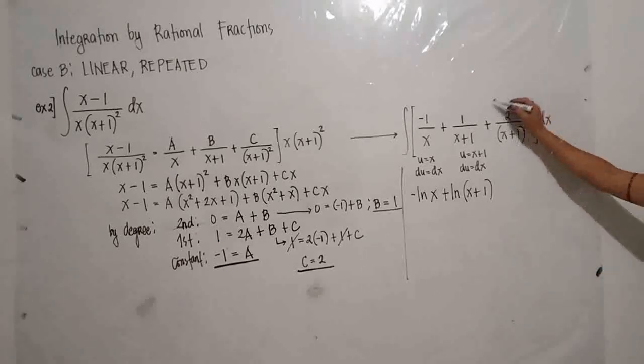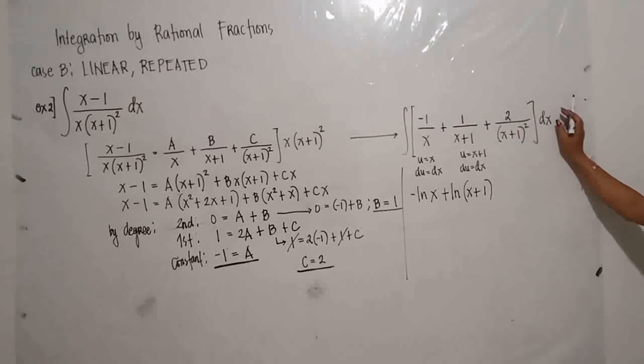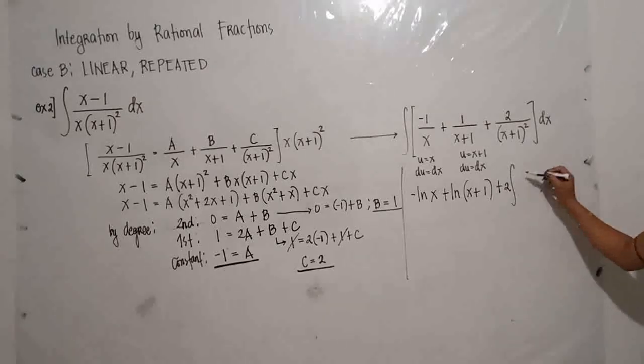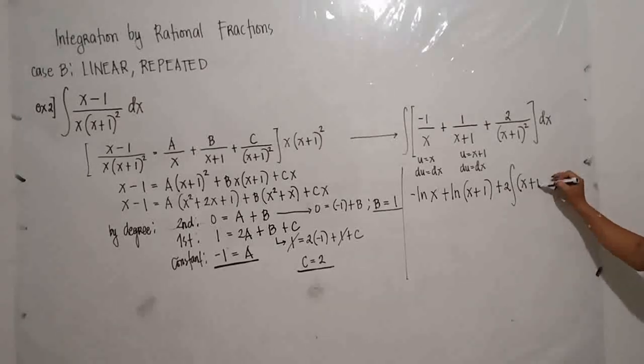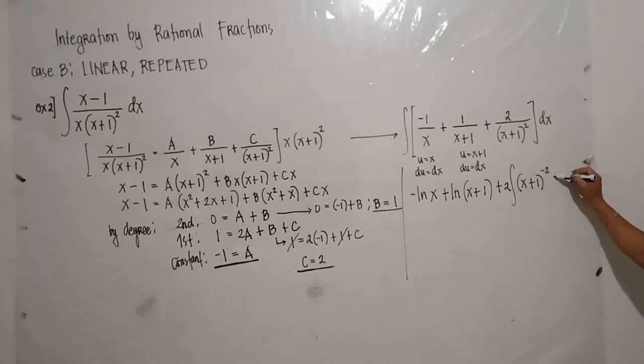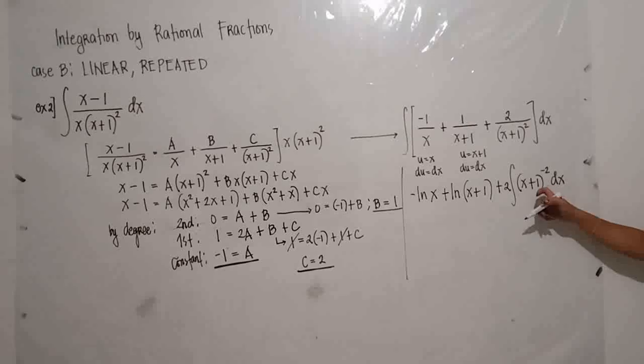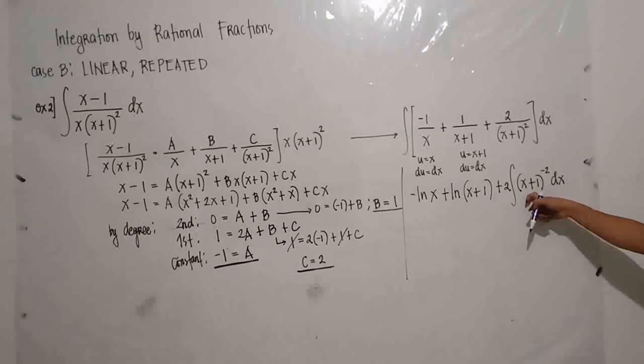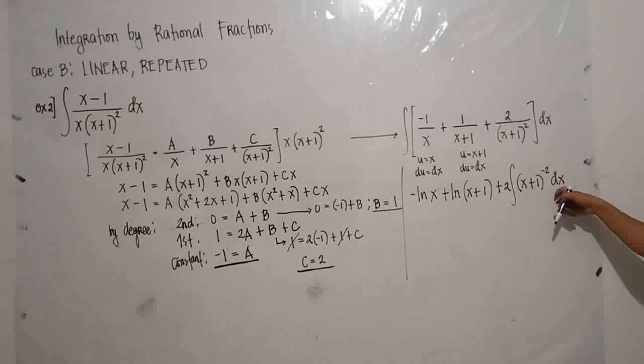Pagdating naman sa third term, this is under ng power formula. Kaya lang, you have the constant 2, so that's plus 2. Then the integral of x plus 1 raised to negative 2 dx. Tinaas lang natin sa x plus 1, so you will have an exponent of negative. So to integrate this, you will have to set the u as x plus 1, then the du is dx.